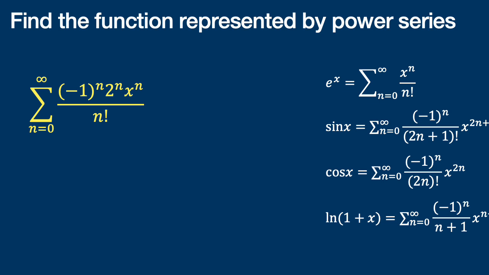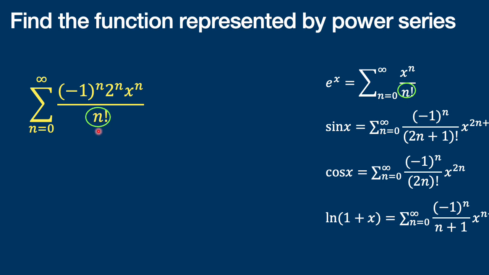The coefficient does not change. Here n factorial is in the denominator. Look at the table of Maclaurin series. Which one has n factorial? Only this one, the Maclaurin series for e to the x. So we're going to use this Maclaurin series to figure out the function for this power series.